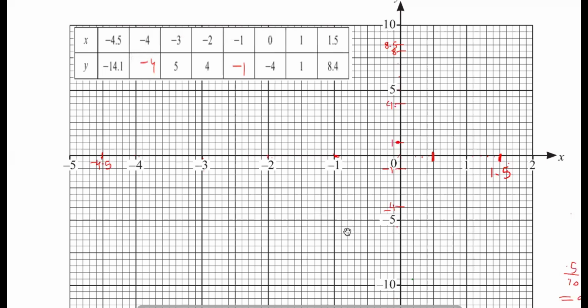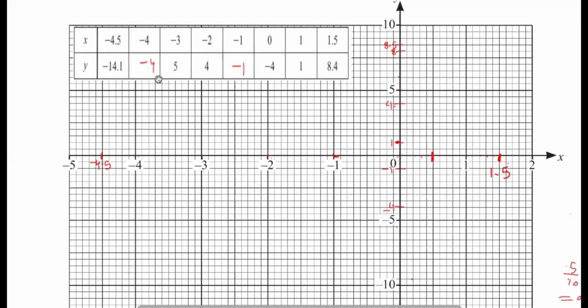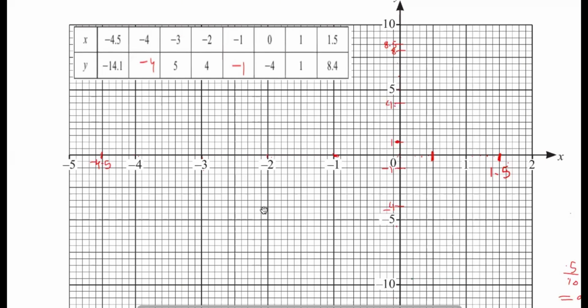Next point, here is -4 and -4. The x coordinate is -4 and the y coordinate is -4. We draw the vertical and horizontal lines from -4 to -4. Both lines meet at this position. This is the point (-4, -4). Next point is (-3, 5): this is -3 on the x-axis, and on the y-axis this is the position 5.